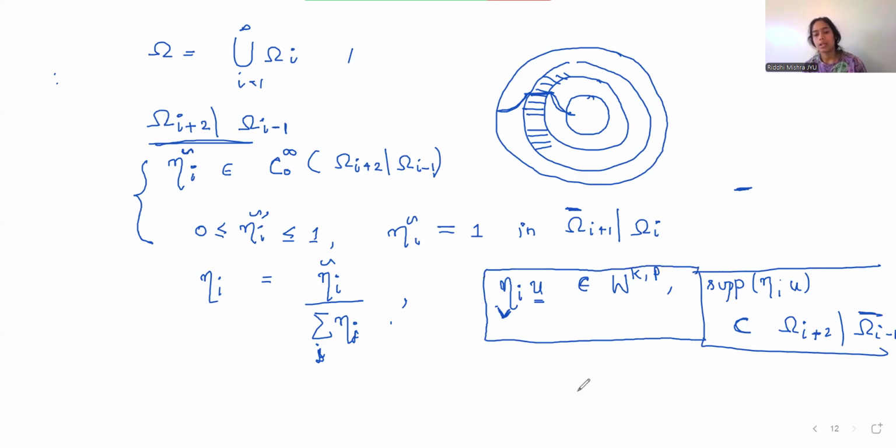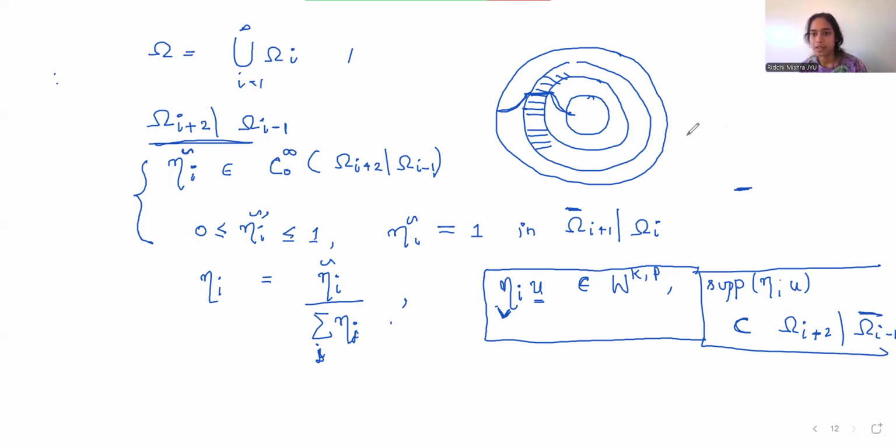So now for your function, you have an approximation on each of these patches. And now what you will do is cover these patches with a mollifier to make it smooth.